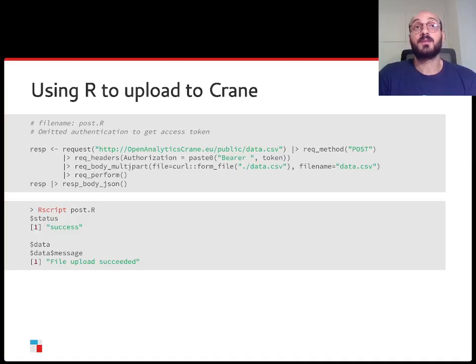Add a multipart body containing the contents of the file and the file name, and then perform the request. This again is going to result in a response in JSON format, so we use the response body JSON function to parse this, and we get an object containing some information about how the upload was performed or not performed.